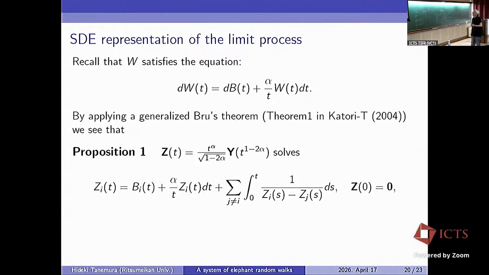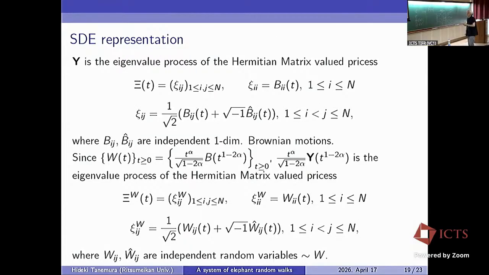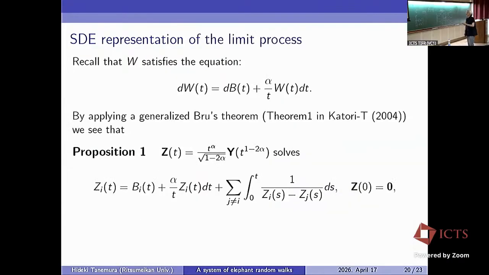And for each coordinate element of the matrix can be written by this function. We can get that this eigenvalue process satisfies a stochastic differential equation.